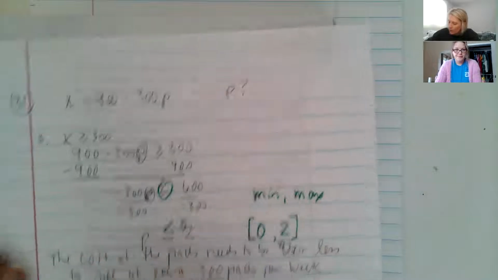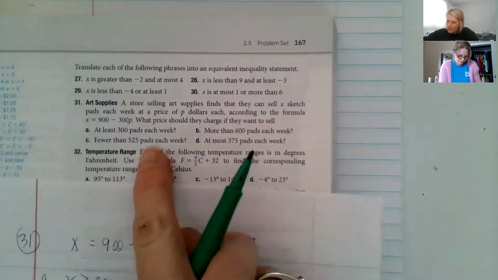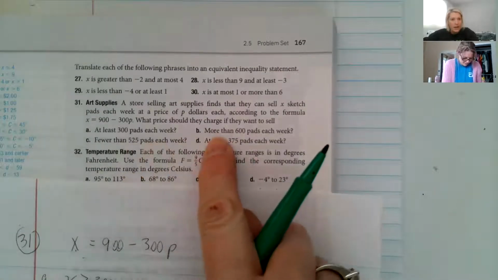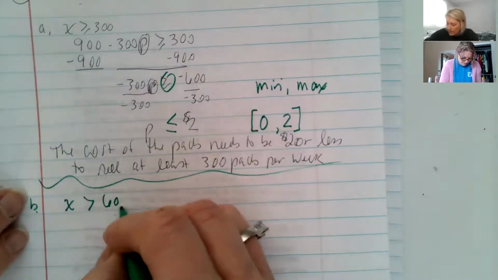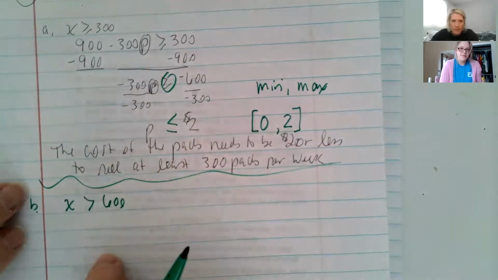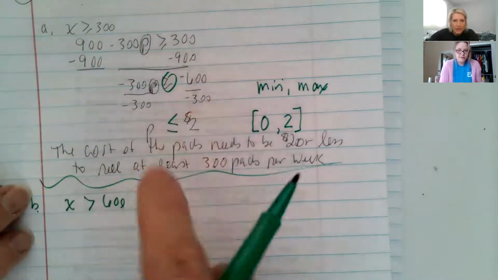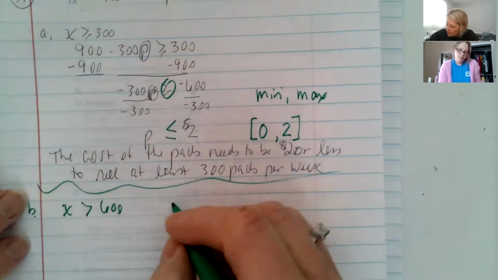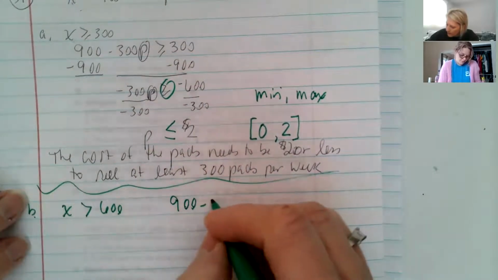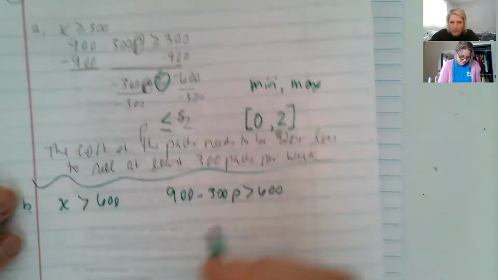So we want X to be more than, so not at least, more than, so it's greater than 600. For us, it's basically going to be set up the same, except it's going to be a strictly greater than, and the 600 is going to be here. So it's going to be 900 minus 300p greater than 600.